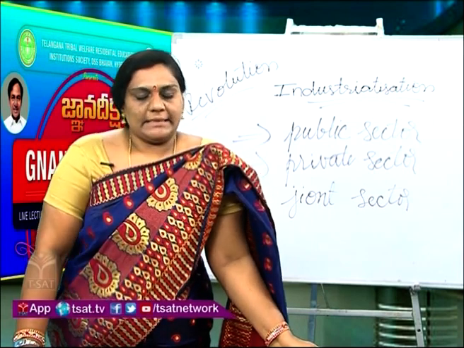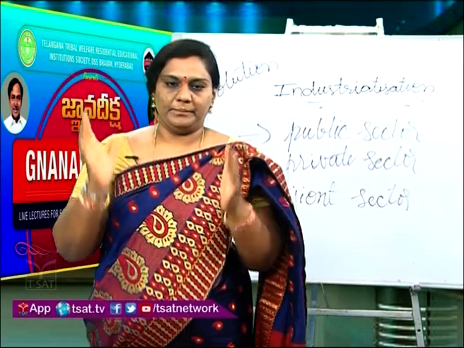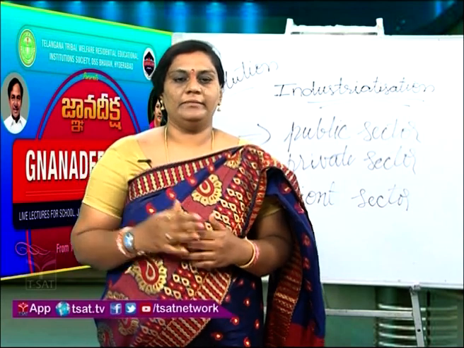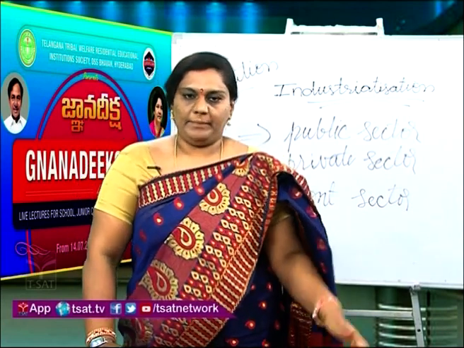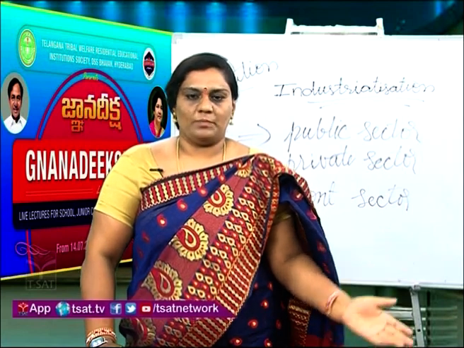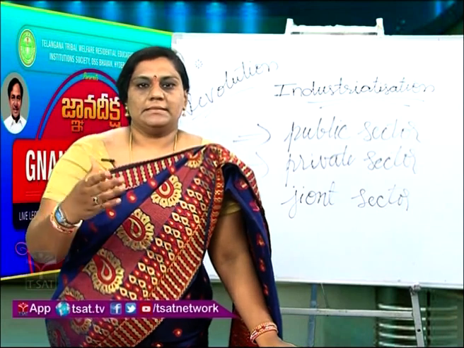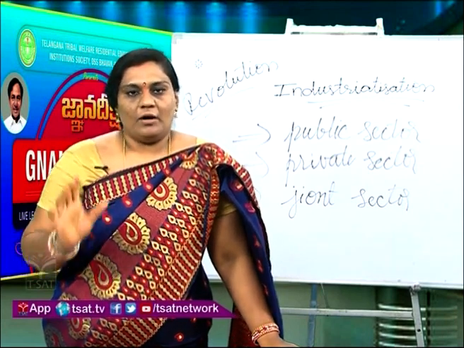Public sector means these industries are purely under control of government. Government will take care of all the things of these industries, maybe it is cottage industry, maybe it is small scale industries, maybe it is large scale industries. All these public sector industries are undertaken by government.